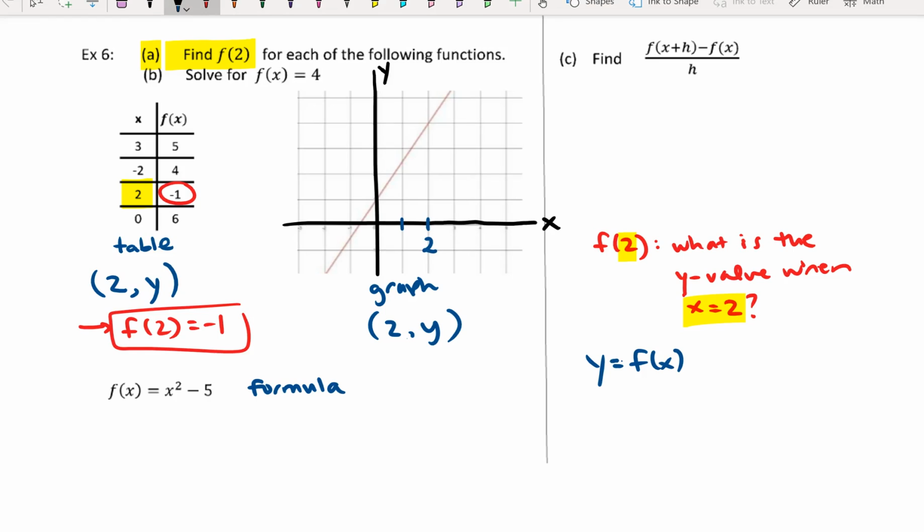And I will map this up to my function. Looks like it's a linear function, and I'm going to hit that line right about here. And what I'm interested in is finding what that corresponding y value is. I'm a little shaky, but I think you guys are seeing it. That would be, the y value would be at 4. So for this particular graph, that's going to tell us that the function evaluated at 2 is equal to 4.